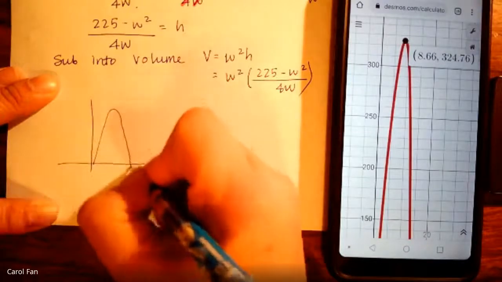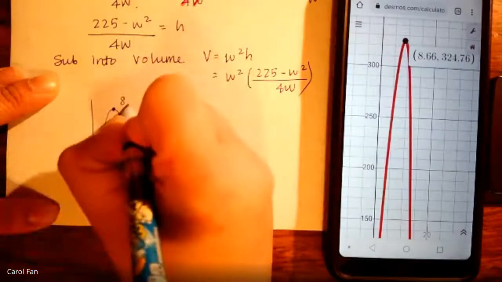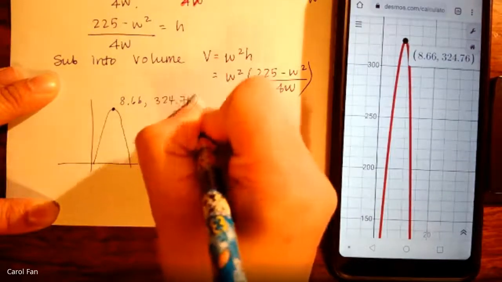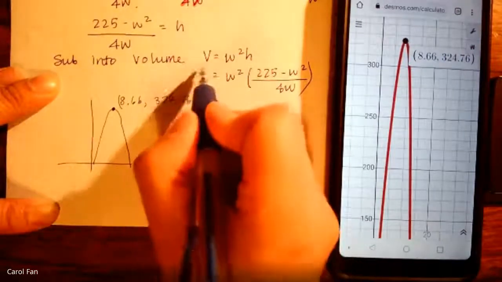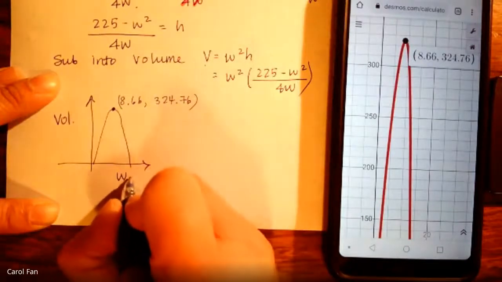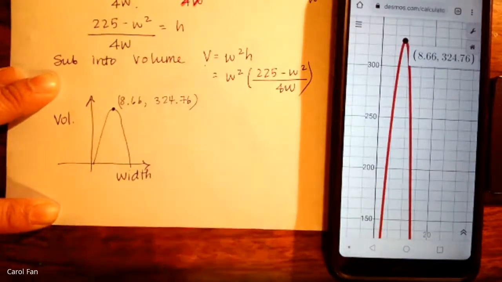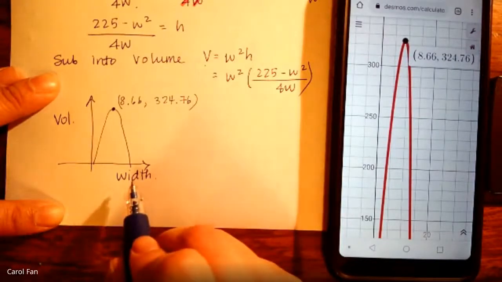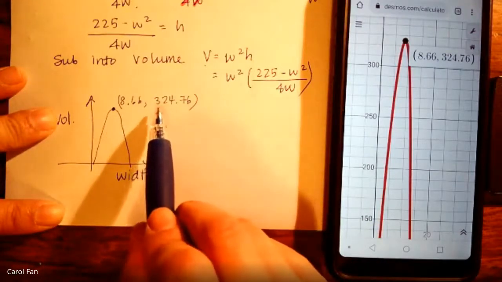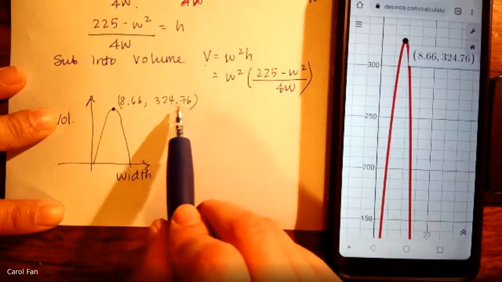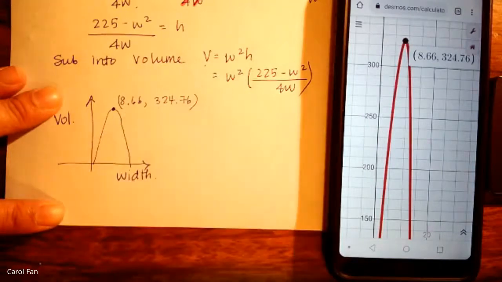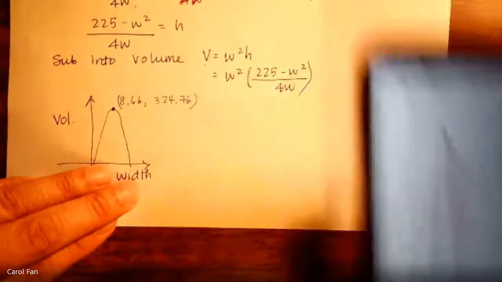You know that here, my maximum is 8.66 and 324.76. My y value, this is my volume, and my x value is representing the width. So we know that the maximum volume that we could have is 324.8 centimeters cubed. And when the width is 8.66, we would have the maximal volume.